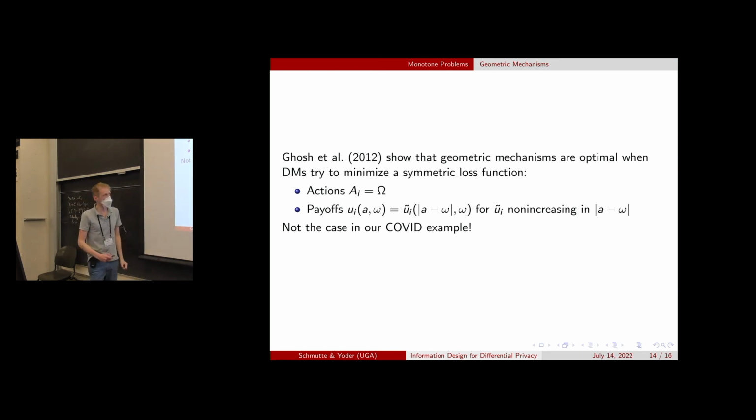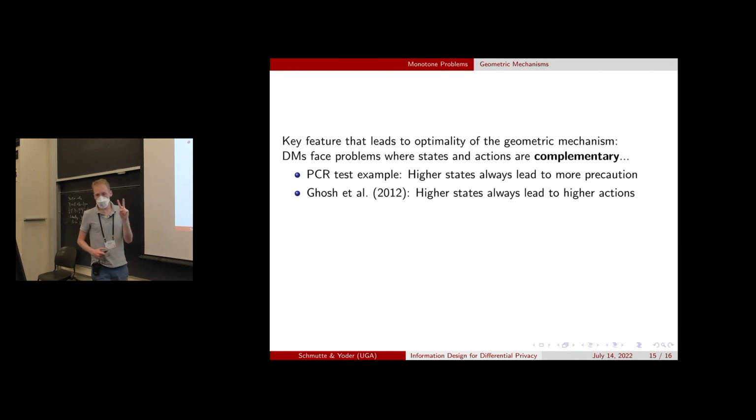And there is. The two key things that we need are in both our example and in this match the state setting, higher states are always going to lead to higher actions. So in the COVID example, higher states led to more precaution. In match the state, higher states always lead to higher actions.